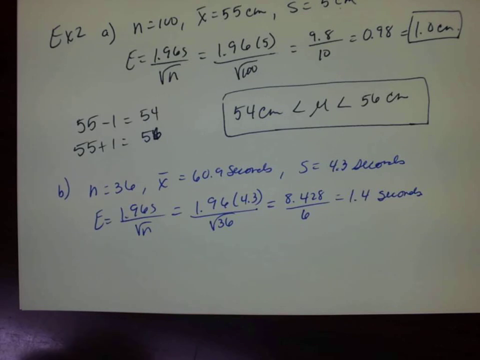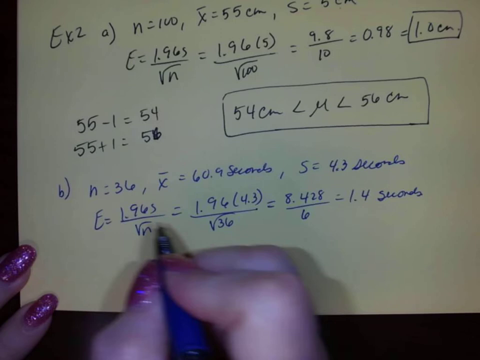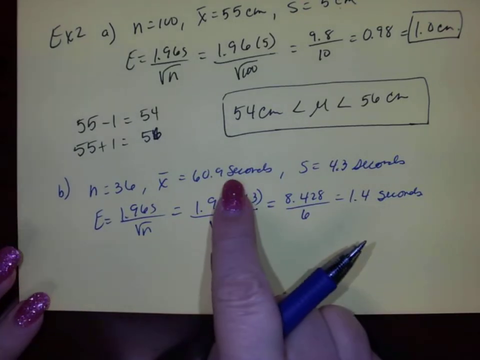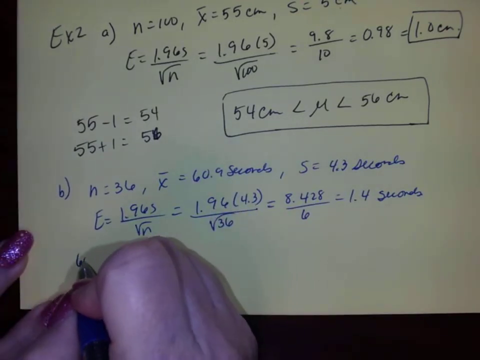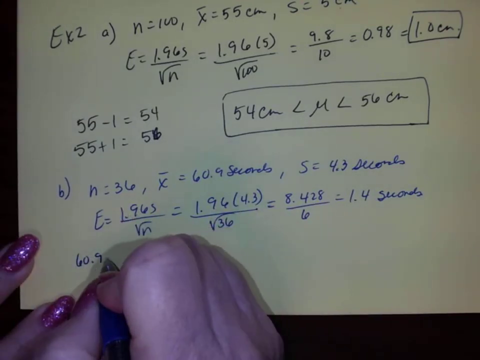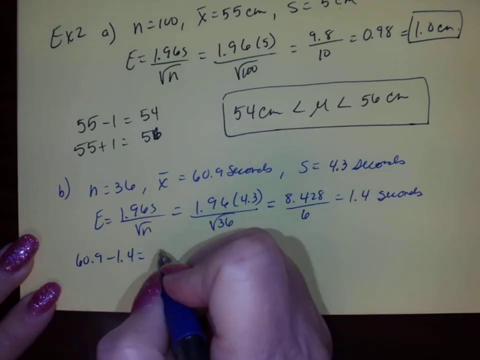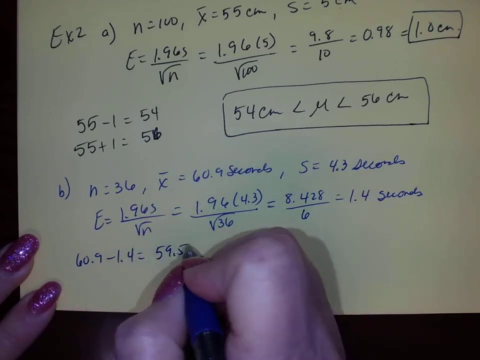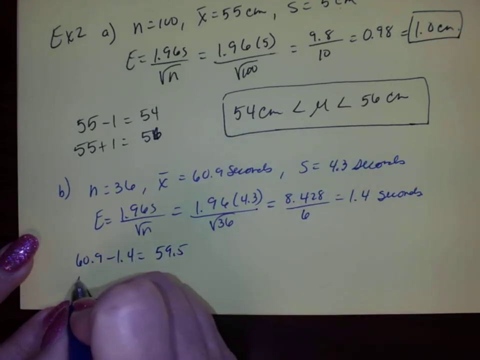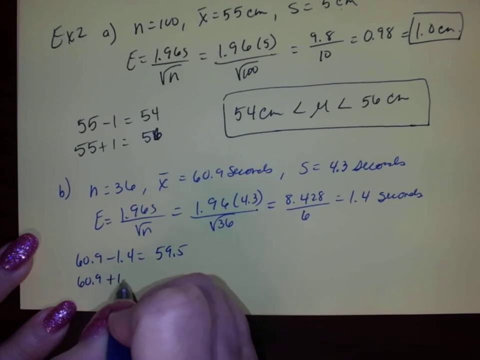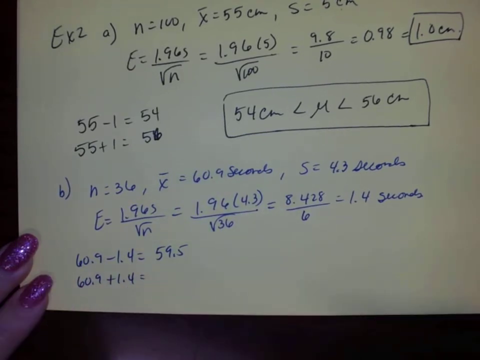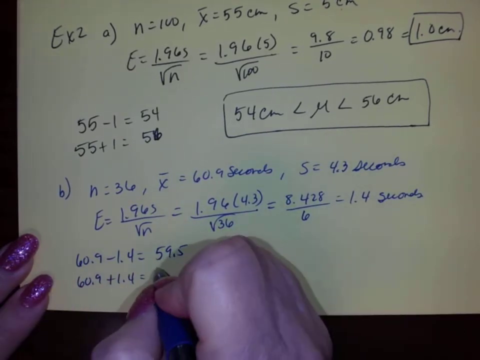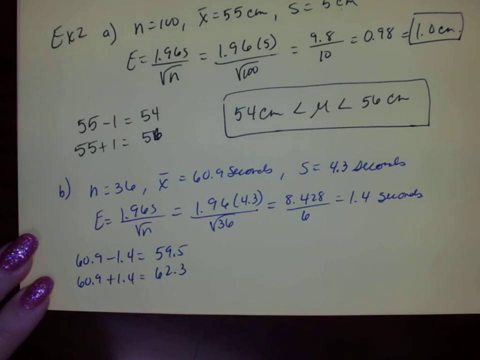Now in this case, we're going to keep that decimal. We're not going to round any further than that. And so we're going to take our 60.9 seconds and subtract 1.4, which will get us 59.5. And we'll take 60.9 and add 1.4, which will get us 62.3.